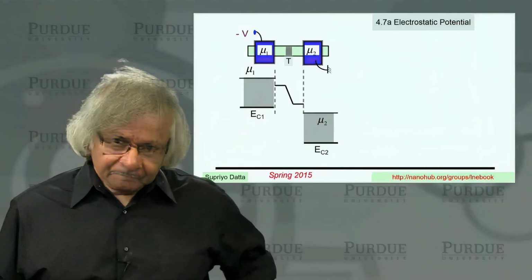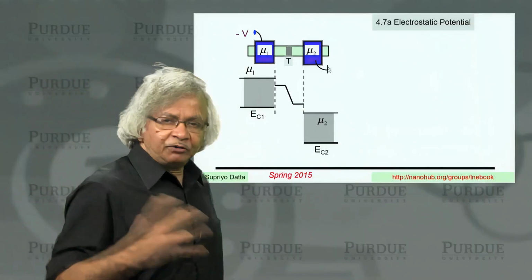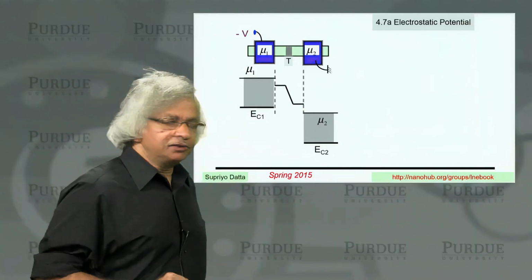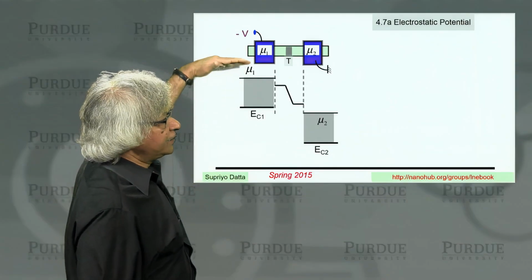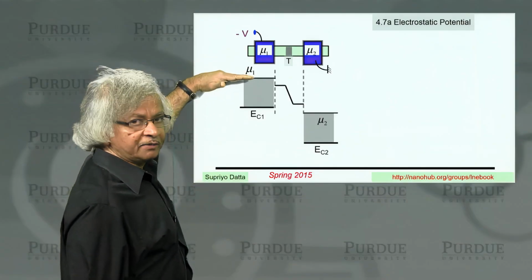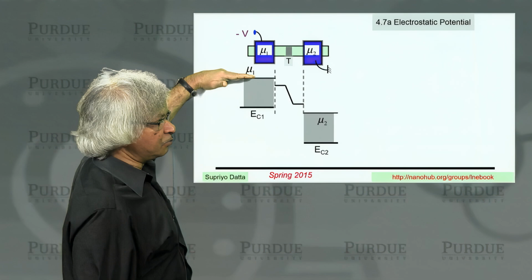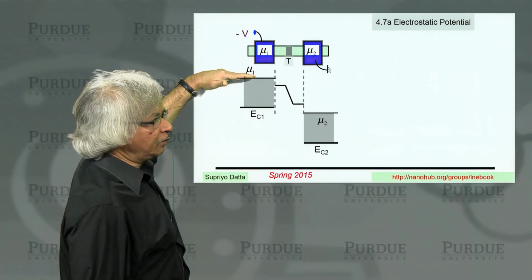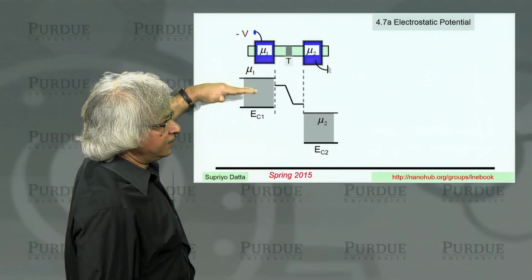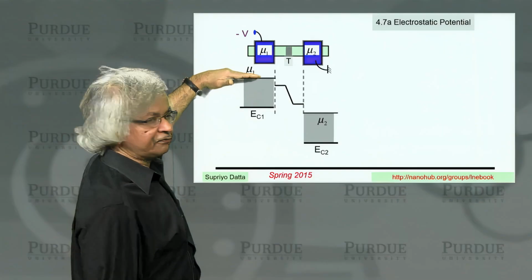Now, what do we mean by the electrostatic potential, or how do you look at it? Well, we draw this electrochemical potential here, that's mu1, and I said earlier that it denotes the level up to which the states are filled.